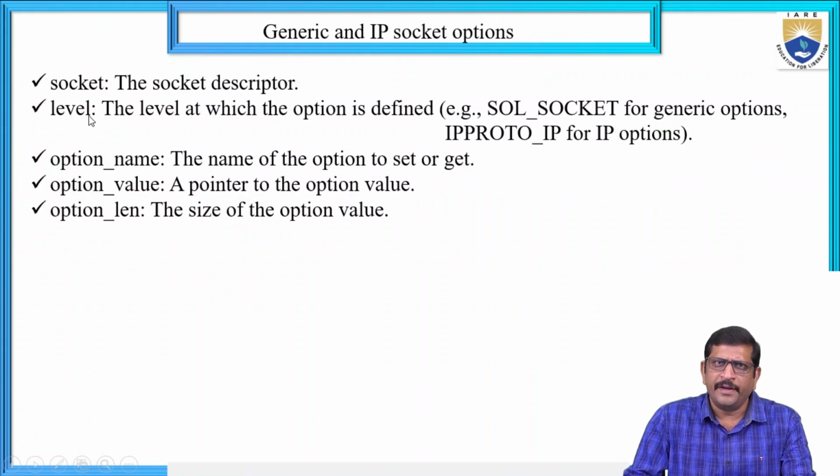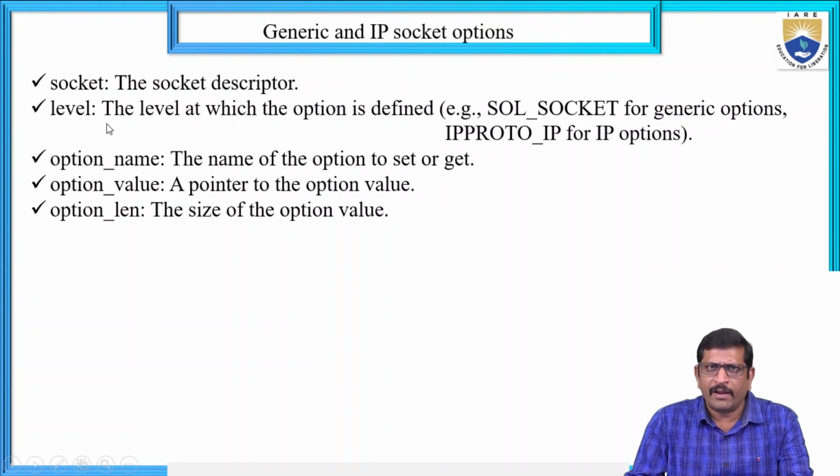Here it is in detail. Socket describes the socket descriptor, the file descriptors being utilized. Level describes the level at which the socket option is defined.